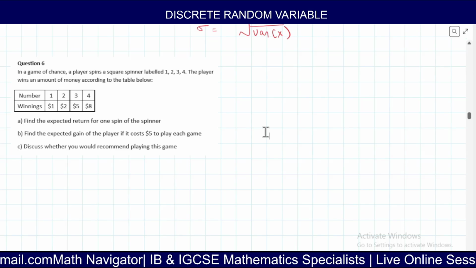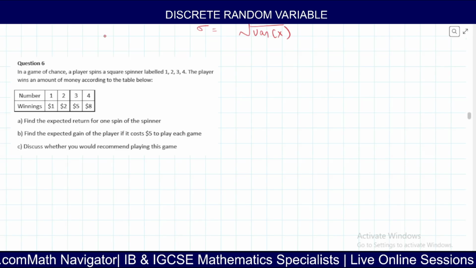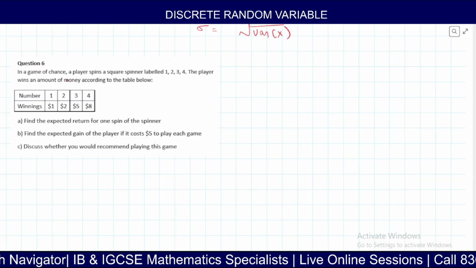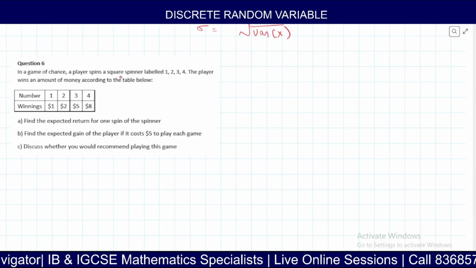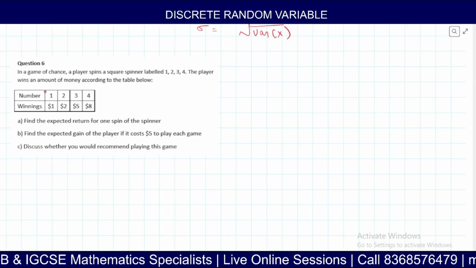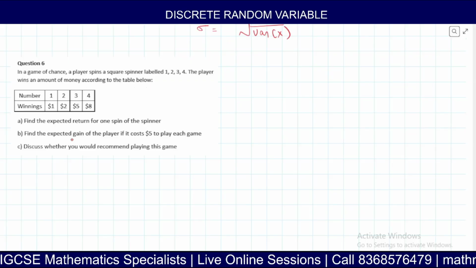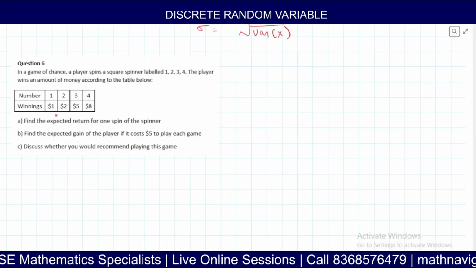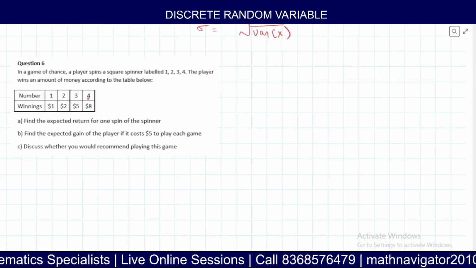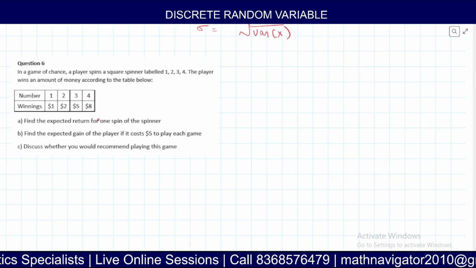Right. So now in this there are two things. So first we need to see, in a game of chance, a player spins a square spinner labeled 1, 2, 3, 4. The player wins an amount of money according to the table below. That means if 1 comes, he's got $1. If 2 comes, he's got $2. If 3 comes, he gets $5. If 4 comes, he gets $8.